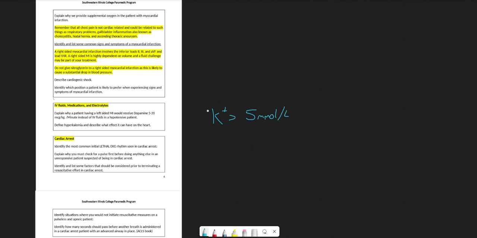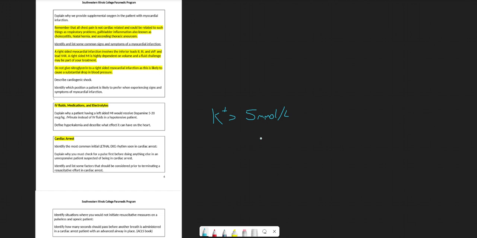We need it to generate action potentials and keep our cardiac cycle going. When you have too much potassium, it is going to increase the resting membrane potential of those myocytes, so it's going to approach zero. It's not necessarily going to get to zero, but it's going to become less negative, so it's going to get more positive, which is going to make it easier for those myocytes to generate an electrical impulse. So they're getting more excitable. So you can get some more ectopic foci potentially. You're going to get more uptake of those electrical impulses.